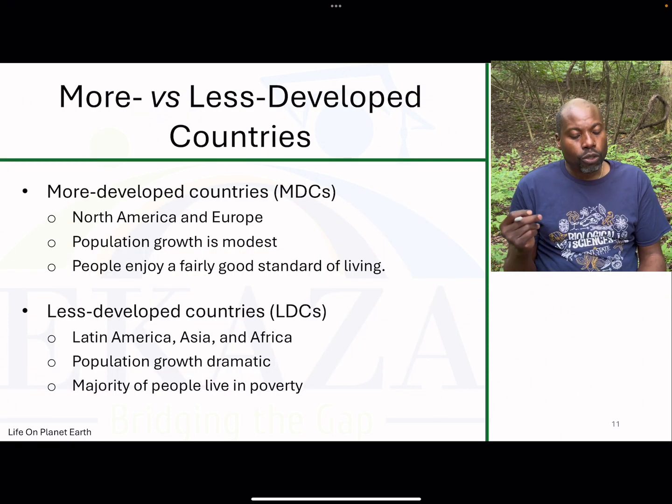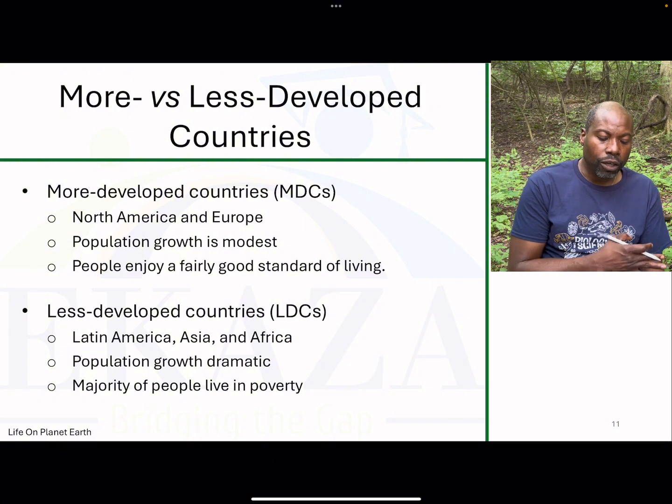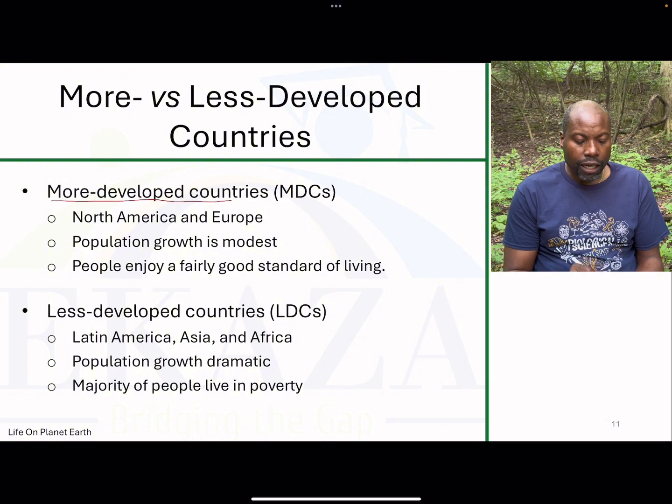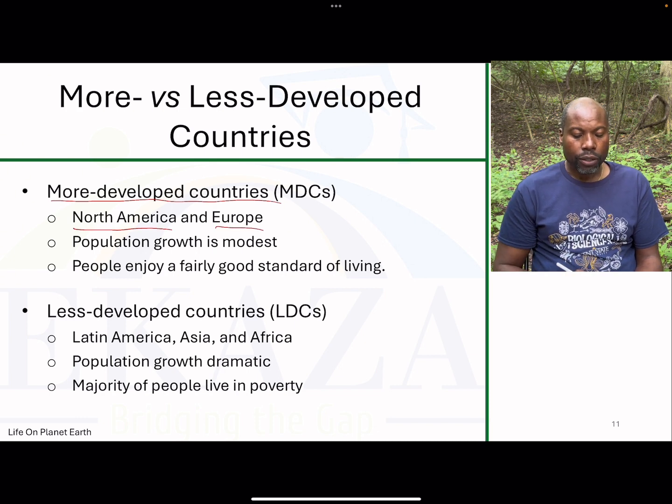Now, let's compare more developed countries and less developed countries. In more developed countries, including North America and Europe, the population growth is relatively modest. People are going to enjoy a fairly good standard of living.